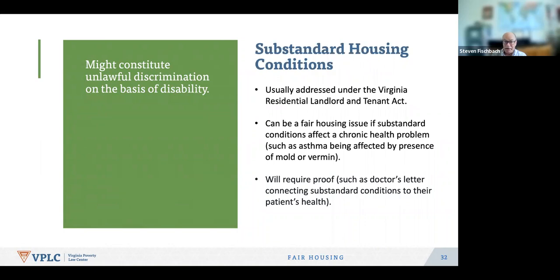But it can also be a fair housing issue if the substandard conditions affect the chronic health problem of a tenant, such as asthma, a tenant with asthma being affected by the presence of mold or vermin.